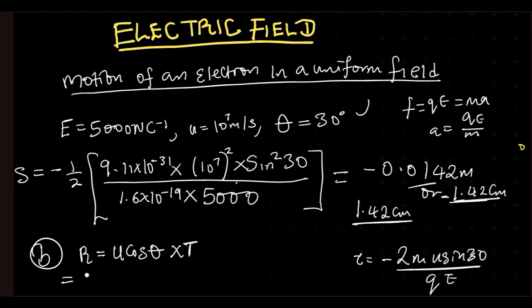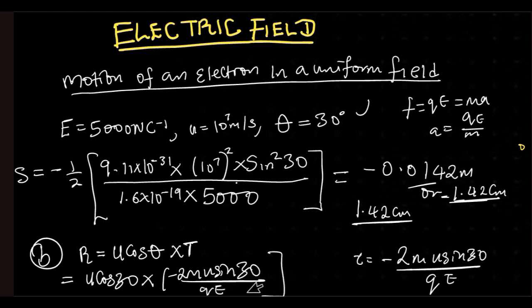Let me just write the expression as u cos theta, theta is 30, times our T now, which is minus 2 m u sine 30 over qE. So you just substitute and you get your answer. We continue our substitution here.